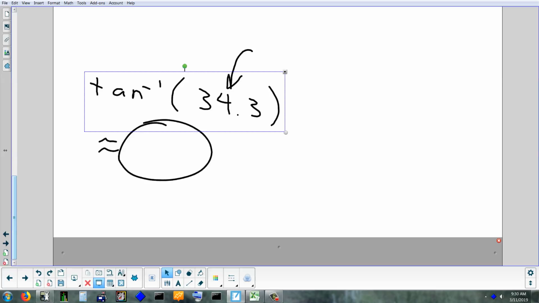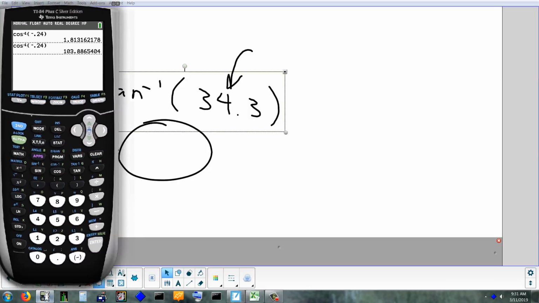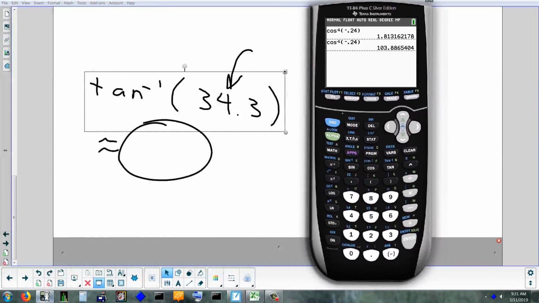Alright, so let's type that one in. How about Jake? Can you tell me how I would type that in on the calculator? Hit tan. And then in the parentheses, put 34.3 and close parentheses.